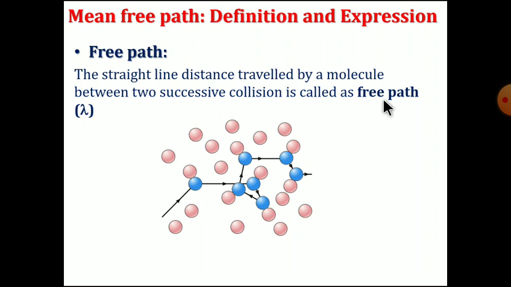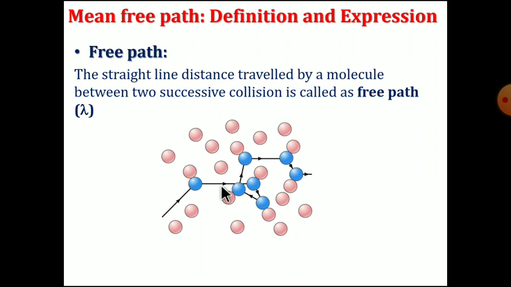It is denoted by lambda. Here in that figure, the first path between two successive collisions we call lambda 1, then next lambda 2, lambda 3, lambda 4, lambda 5 and so on.